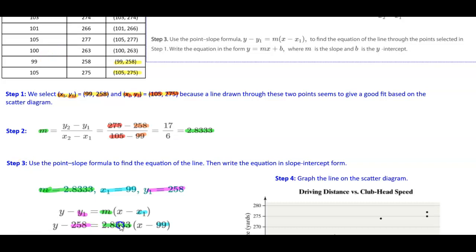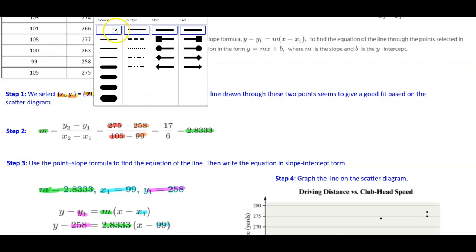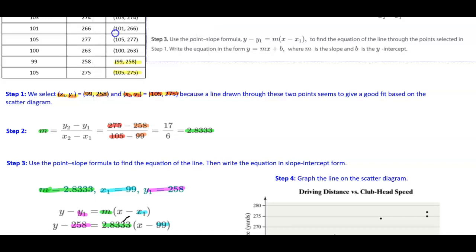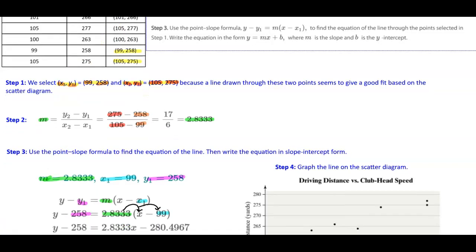Now the next step is we need to distribute the 2.833. We're going to multiply 2.833 by x, and 2.833 by 99.